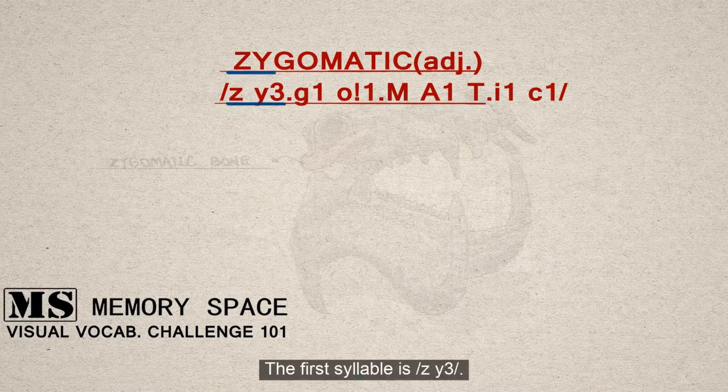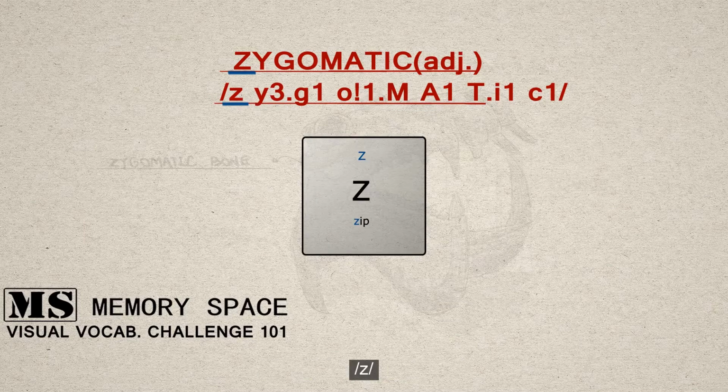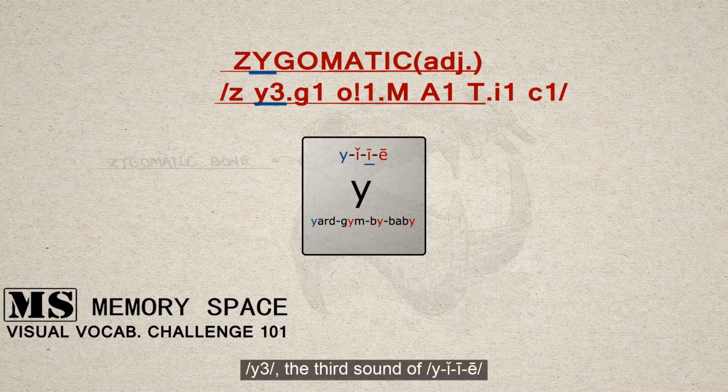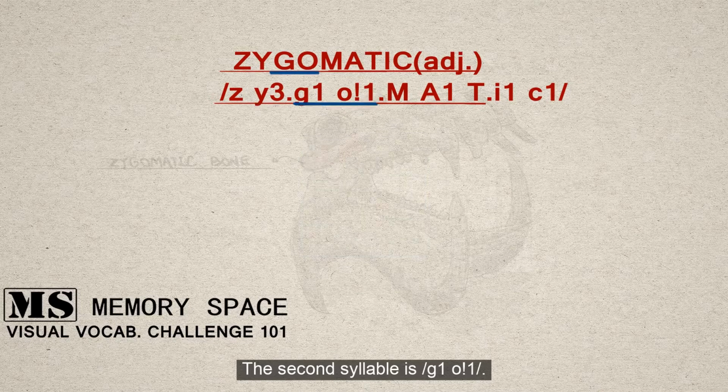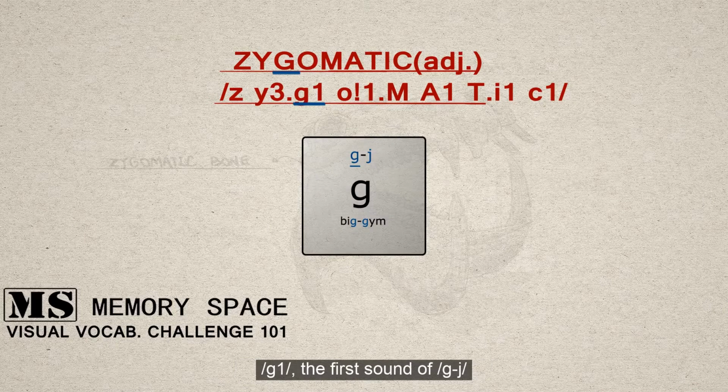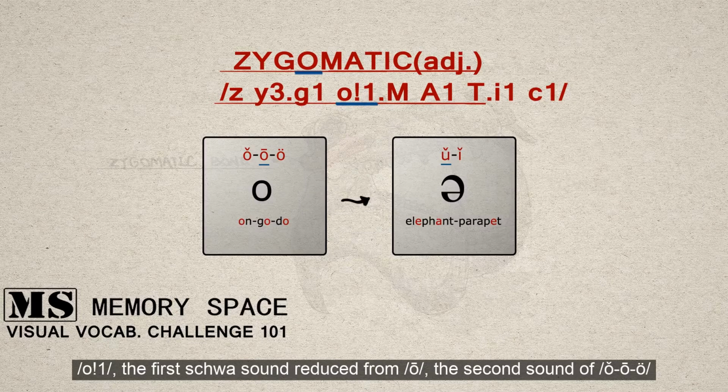The first syllable is zy, z, y. The third sound of y, i. The second syllable is g. The first sound of g, j. The first schwa sound reduced from o. The second sound of a, o, u.